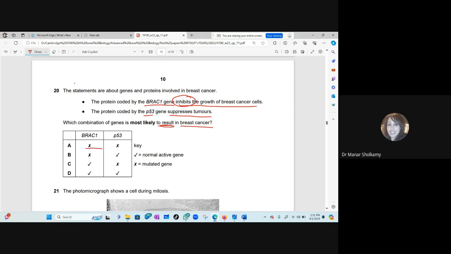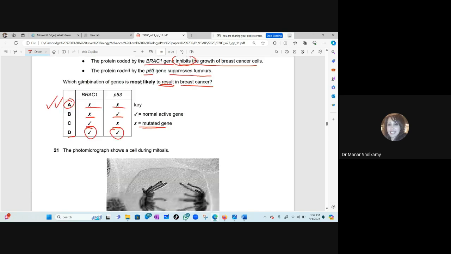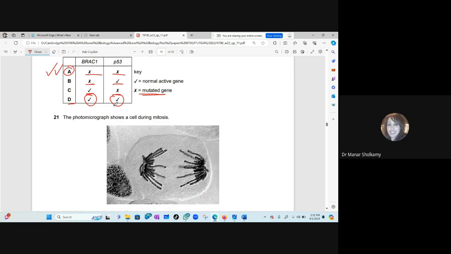A, when both of them are mutated. B, when one is mutated and one is normal. C, when one is normal and one is mutated. D, when both of them are normal. Which one will cause cancer? This is so easy. A, when both are mutated, of course. When both are healthy, it will not cause cancer.